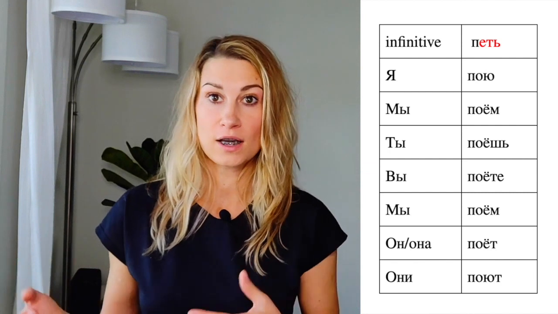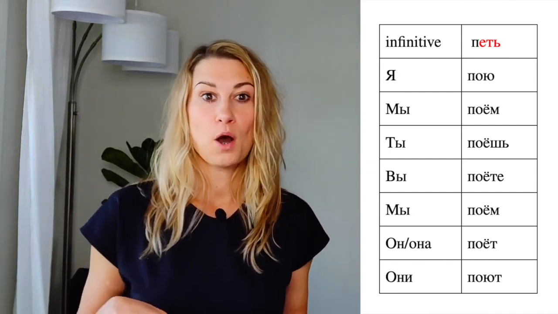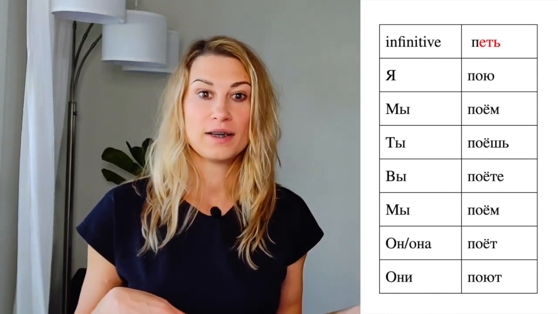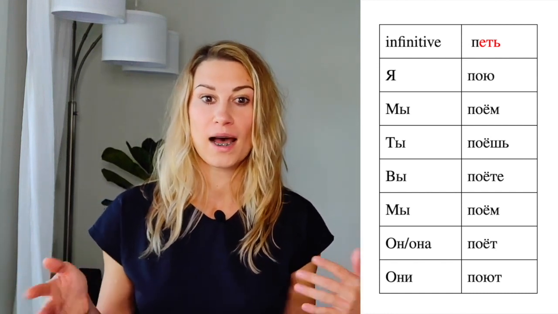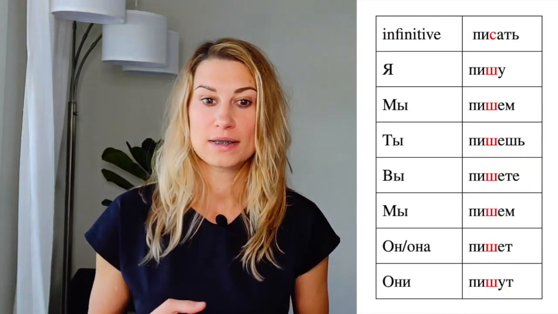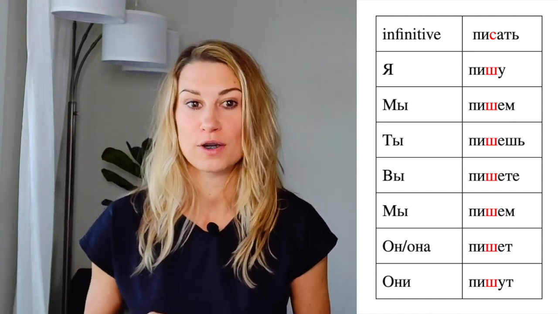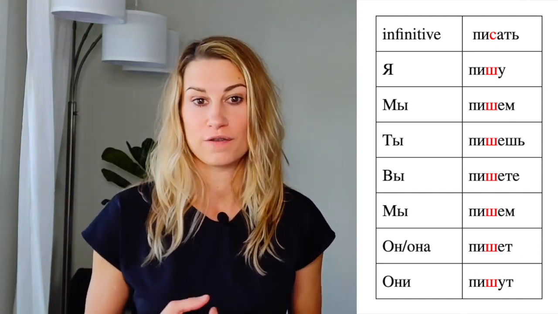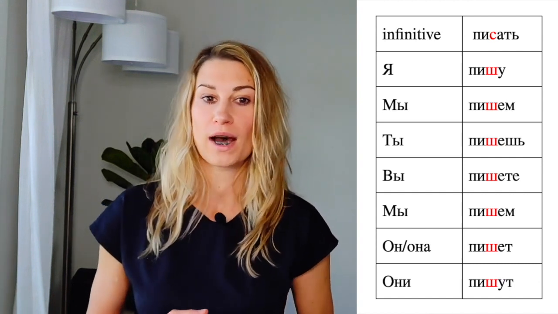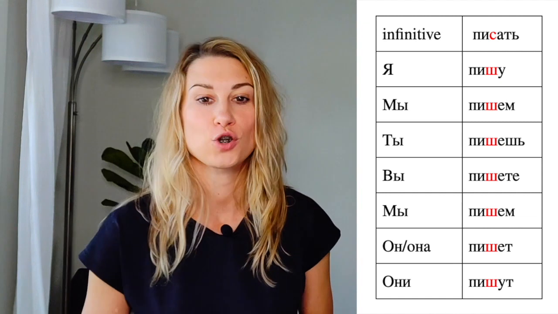Петь, to sing, will change to я пою, ты поешь, вы поете, он, она, оно поет, and они поют. And писать, we say я пишу, мы пишем, ты пишешь, вы пишете, он, она, оно пишет, and они пишут.